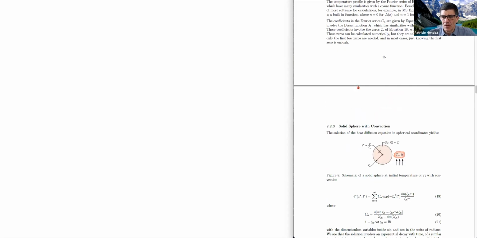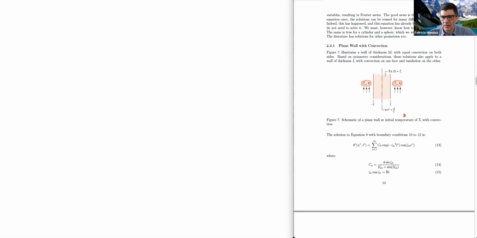Let's see our wall here. Here we have a wall that has convection inside and convection outside. And because the wall is symmetric, we would have an axis of symmetry. And they consider that the wall has a thickness of 2L, or better said, L in one direction and L in the other direction.